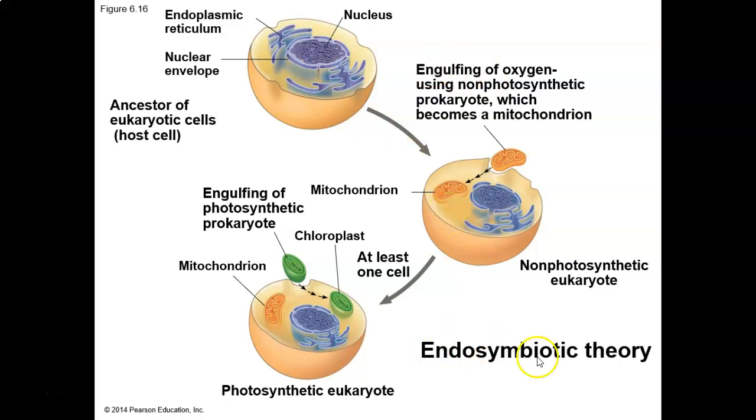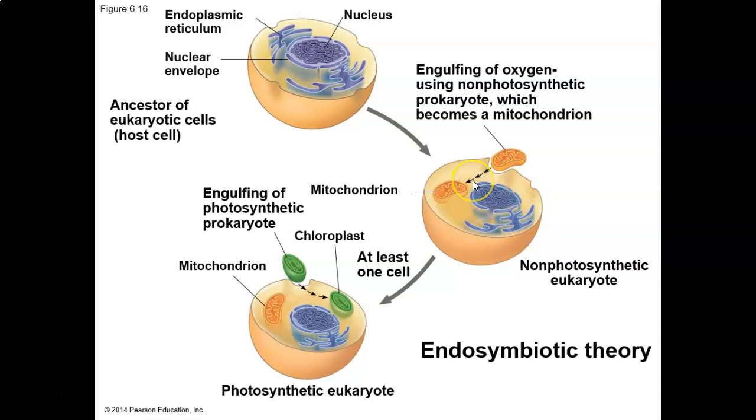We now understand through the endosymbiotic theory that you had an ancestor to a eukaryotic cell that basically ate or engulfed a free-living, non-photosynthetic prokaryote, so something that was living on its own, eating, so to speak, sugars and other components, other macromolecules that were around, and breaking them down for energy.